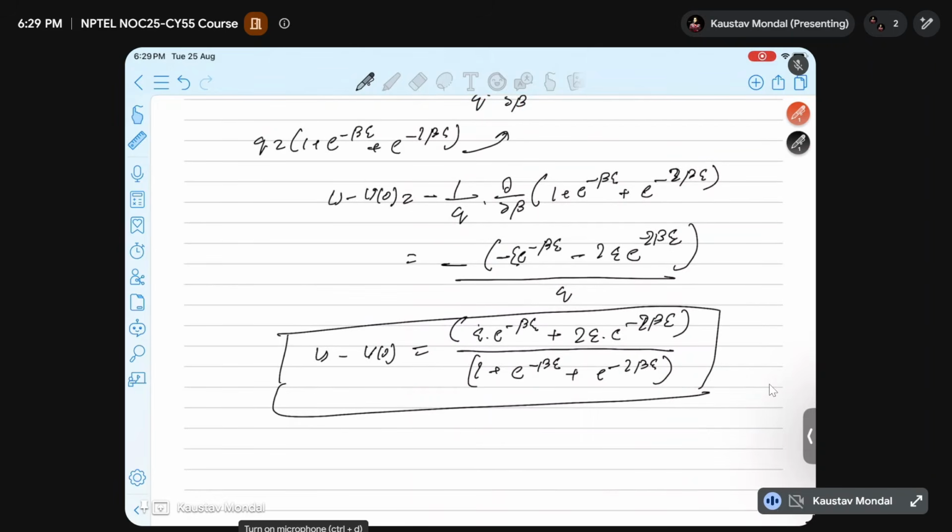It's quite simple. You have to just use the expression of the partition function, plug it into the expression of the internal energy that you have already derived in previous classes, and from there itself you get the expression of the internal energy. Okay.